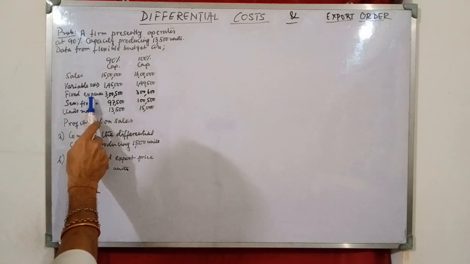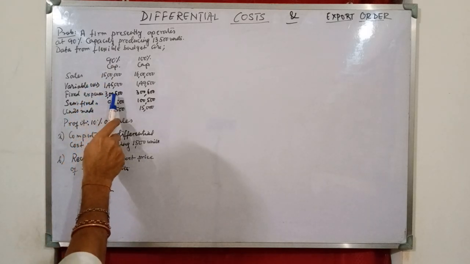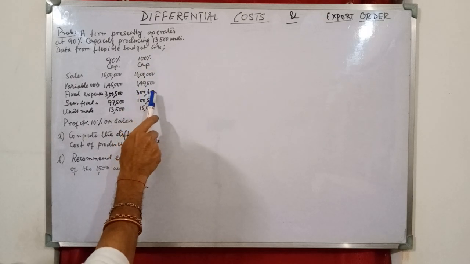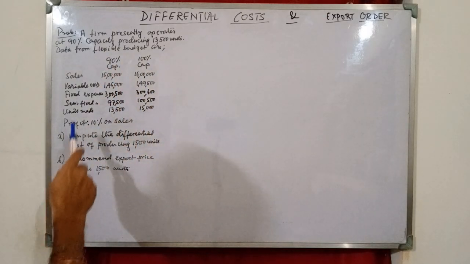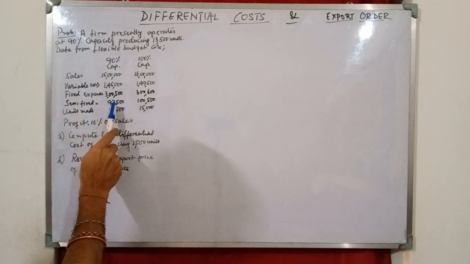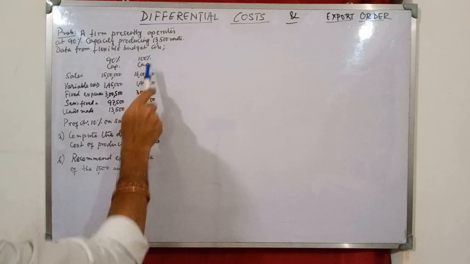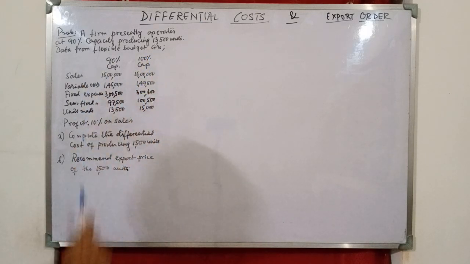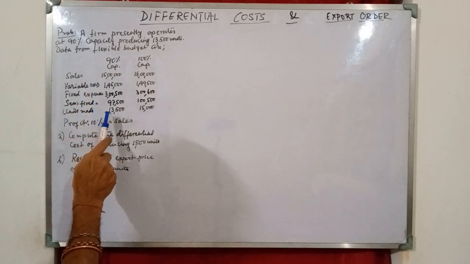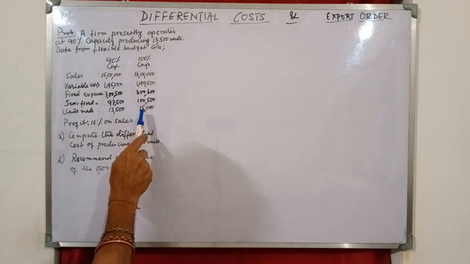Fixed expenses per annum at 90% capacity is 3,500 and at 100% capacity it is 3,600. Semi-fixed expenses at 90% capacity is 97,500 and for 100% capacity it is 1,500,000. Units made at 90% capacity is 13,500 and at 100% capacity it is 15,000.